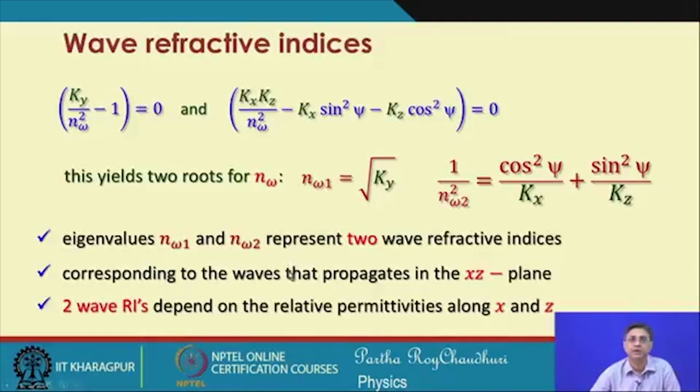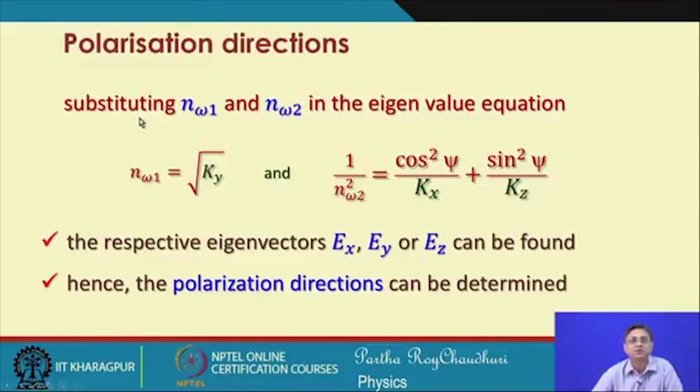Corresponding to these two waves that are propagating along the x z plane, there are two different relative permittivities corresponding to x and z directions. So, let us see that when you substitute this n omega 1 and n omega 2, these two values, the two solutions of the determinant equation in the eigenvalue equation, then we can find that n omega 1 is equal to this and n omega 2 is equal to this quantity.